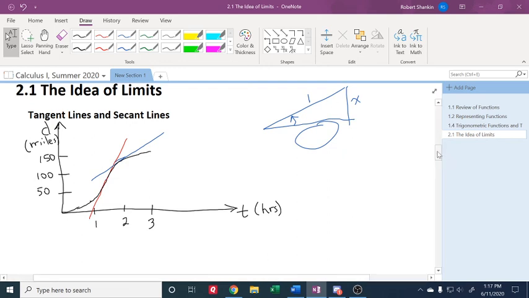Anything else? I have a question. Yes. So you can do that for any kind of graph, even if it was a parabola. Yes. We are going to wind up looking at situations like that. A basic parabola.